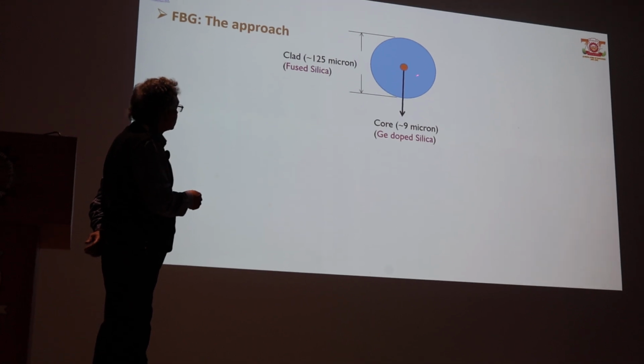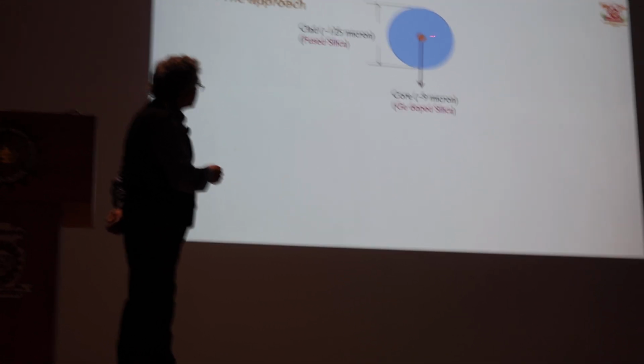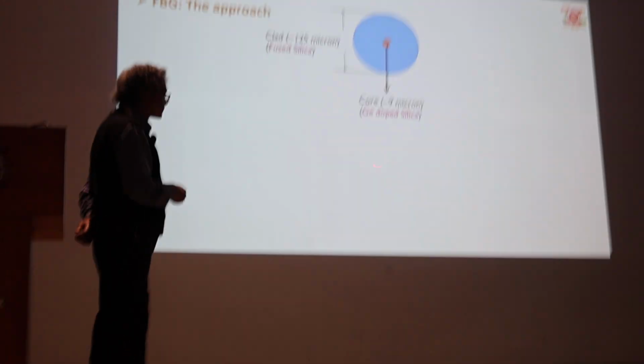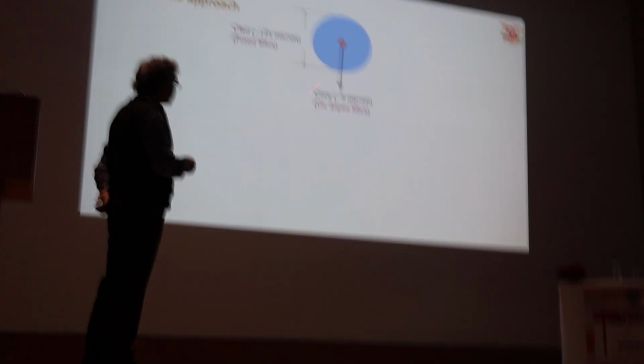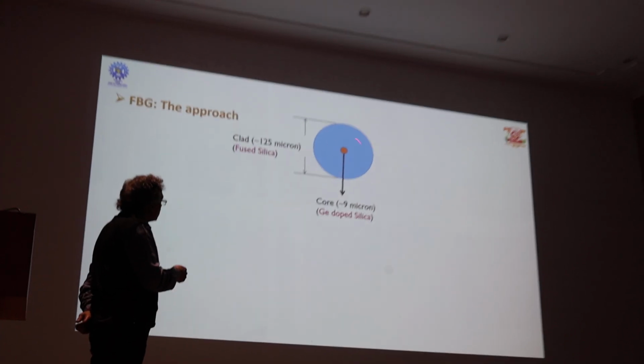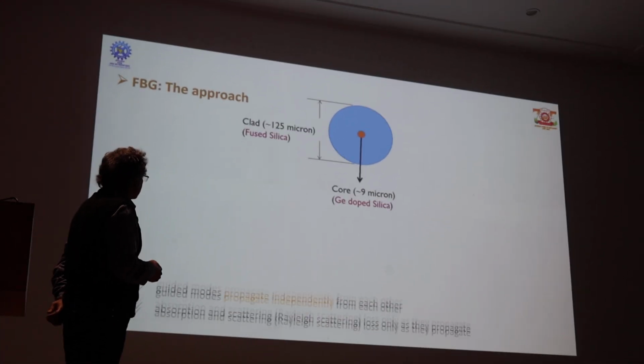It is also made of silica. The two differences in color signify that this core material has germanium, as an example for standard communication fiber, but for other special applications we can have different doping in the core region. The outside cladding material is nothing but fused silica.